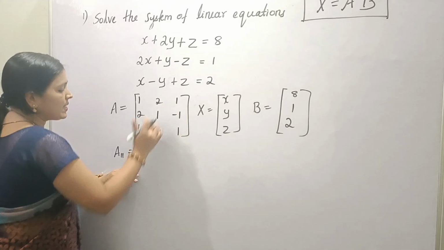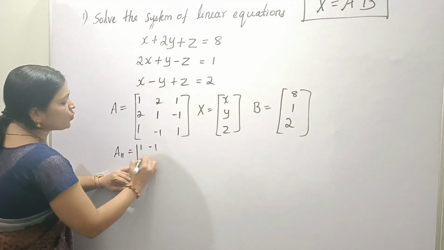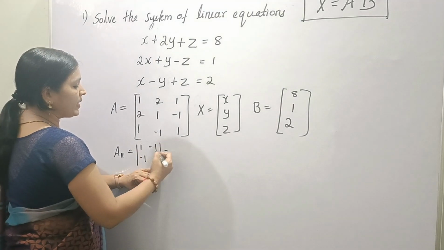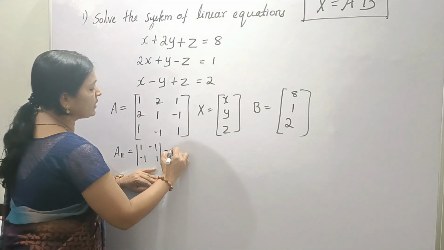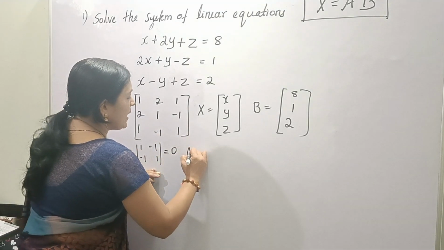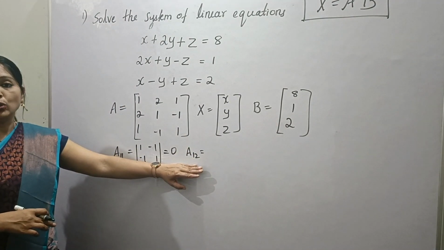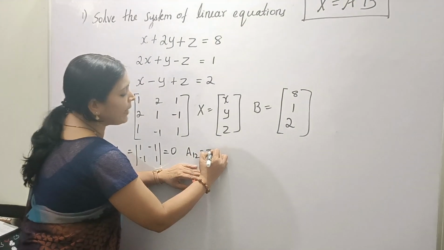So the determinant is 1, minus 1, minus 1, 1. That is equal to 1 minus 1, that is 0. Next is A12. When it comes to A12, the sign is minus.